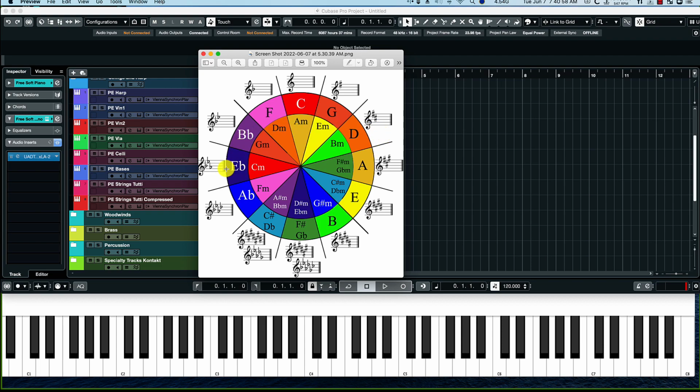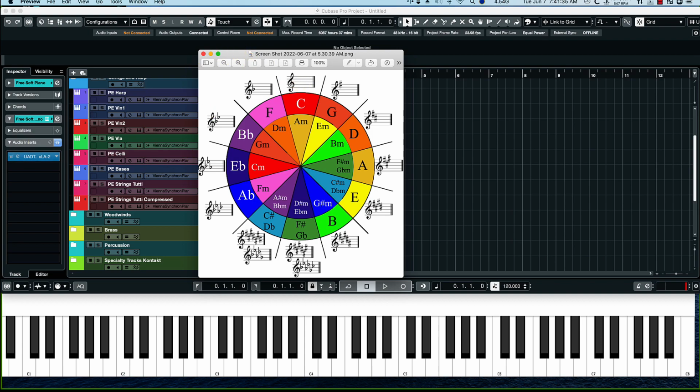Then from there you can go to 3 flats, 3 sharps, 4 flats, 4 sharps, and then you might want to go into the 5 flats and 5 sharps. If you do that, you'll be very fluent in writing your melodies, as we'll see in time. So we have the circle of fifths.